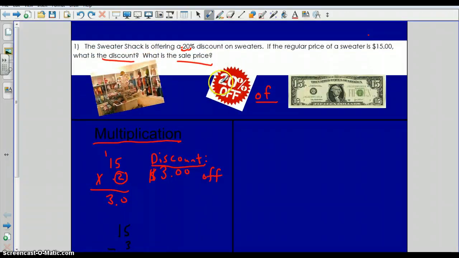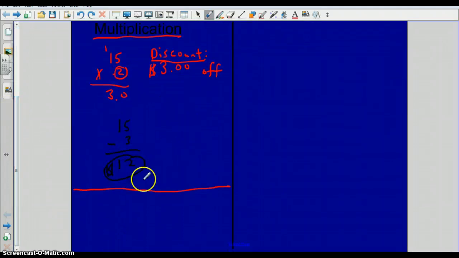What I would think is, all right, if it's 20% off, the whole thing is 100% because that's what 100% means, the whole. So 20% off, if I take away 20%, that leaves 80%. So if I'm getting 20% off, that means I'm paying 80% of the cost.